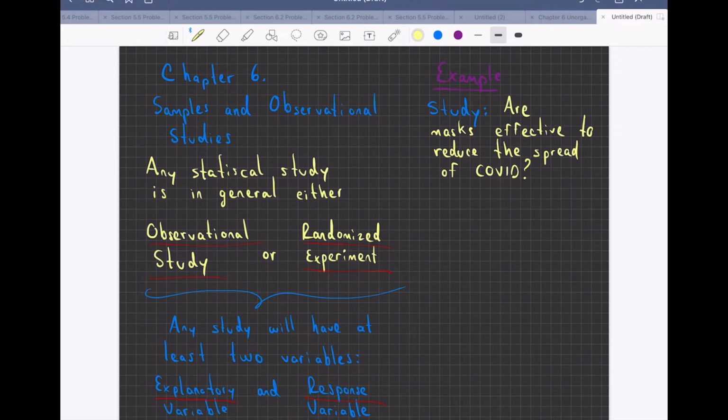Well, I know that it should be SARS-CoV-2, right? The virus is called SARS-CoV-2, but the disease is COVID. But to simplify this, I will say only COVID.